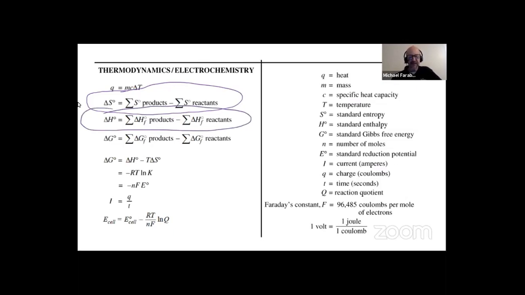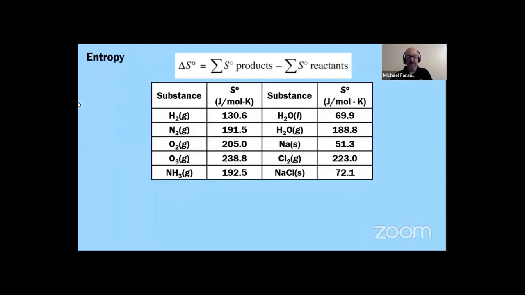So the delta H of formation, the enthalpy of formation of the products minus that of the reactants. What's also interesting to note is that while the delta H of formation for a pure element in its standard state by definition is 0, here, these values for elements are not 0.